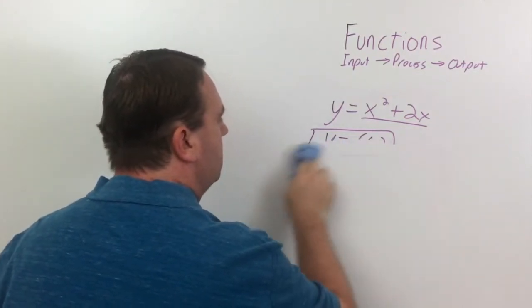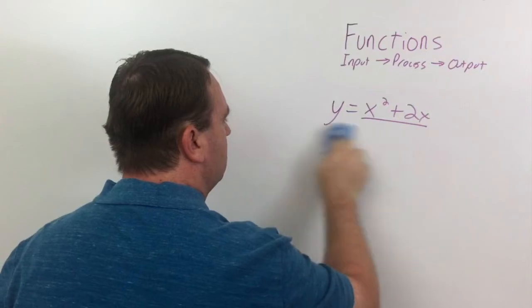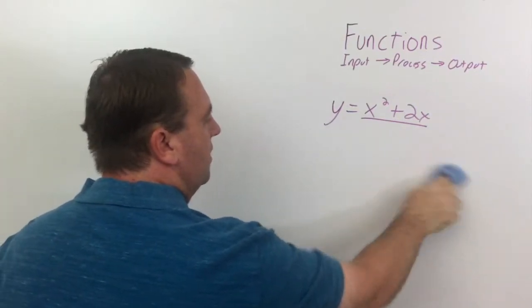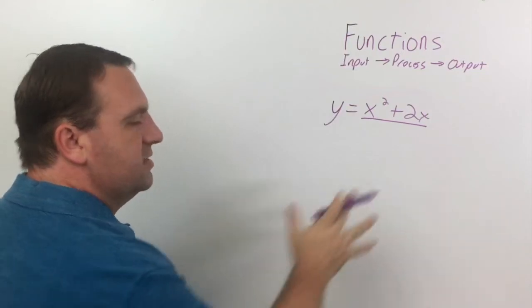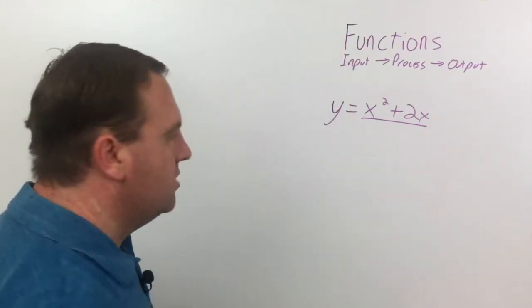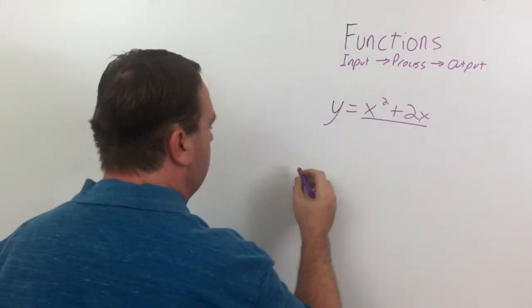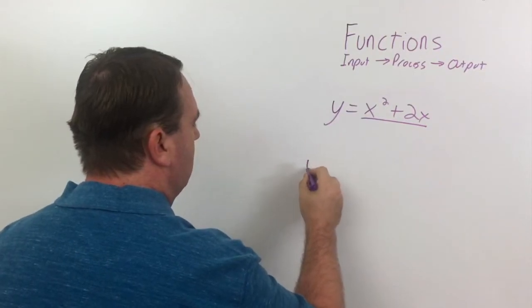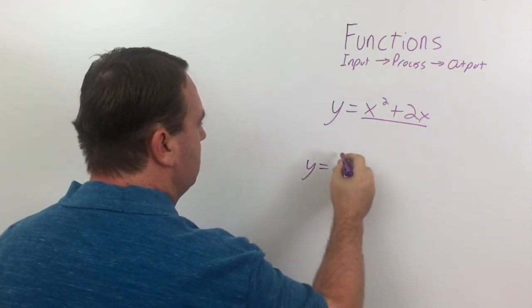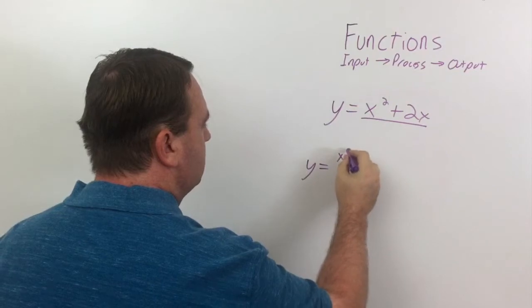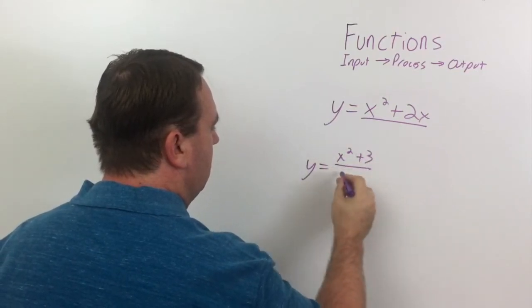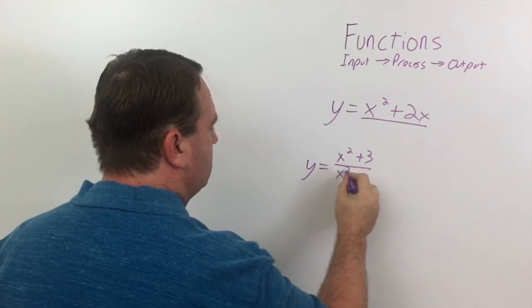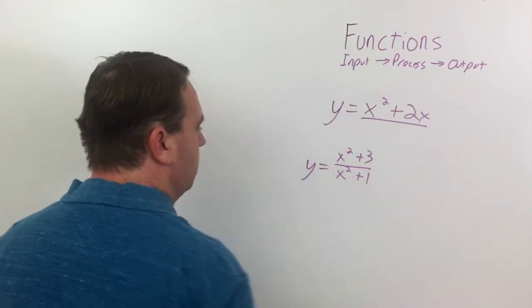So you can also find functions within equations. You can use functions not only as the entire right-hand side of an equation, but let's say that we had something like y equals x squared plus 3 over x squared plus 1.